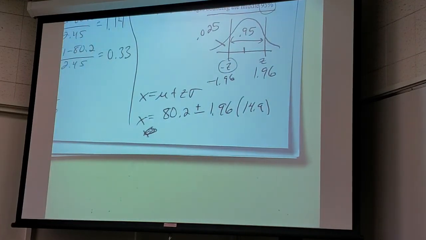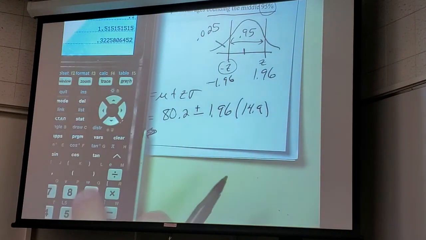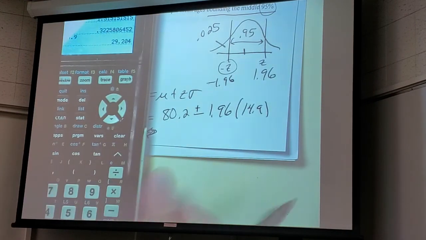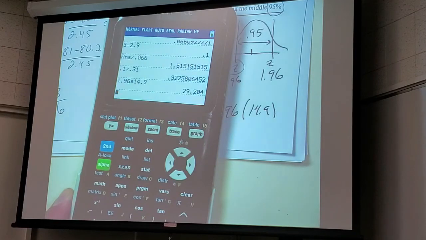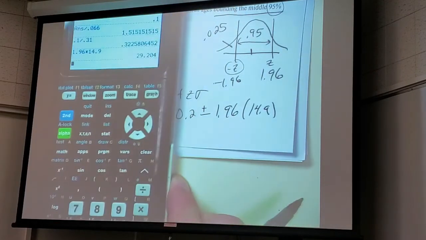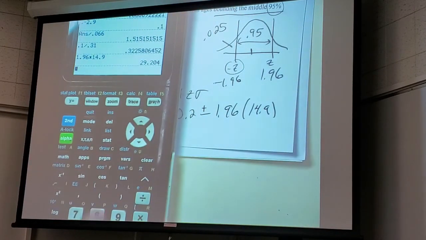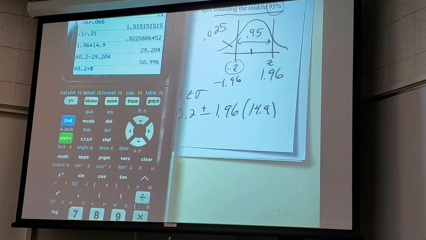Let me get my calculator. So I would do this first: 29.204. So I want to do 80.2 minus that and 80.2 plus that.